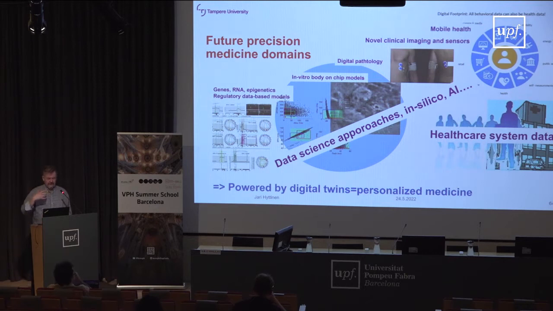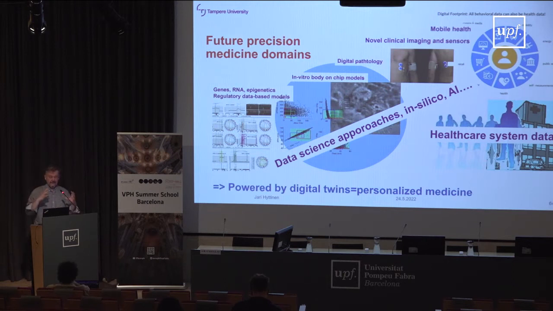But if you think about future precision medicine domains, of course, there's all these, whether you go for genes, RNAs, and there's a lot happening in imaging. You can think about mobile health and stuff like that. And of course, this is something we always claim that we integrate, and computational modeling is part of that integration.